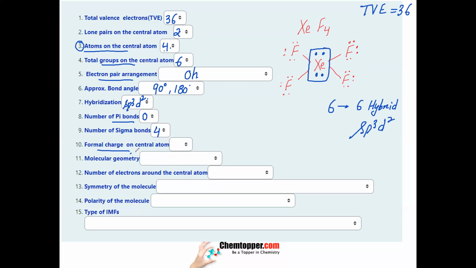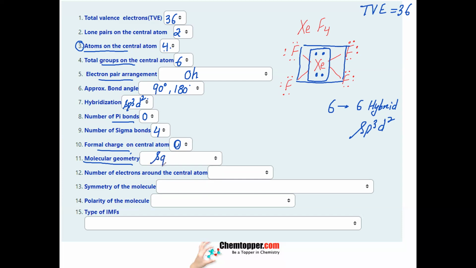Use that equation to calculate the formal charge. Yes, 0. Formal charge is also 0. The molecular geometry? Yes, Sashank. The molecular geometry is square planar.